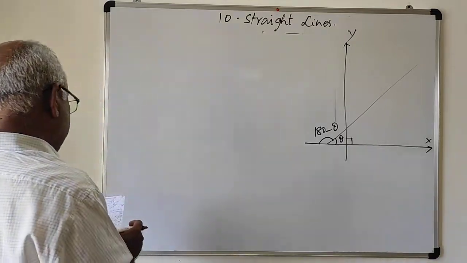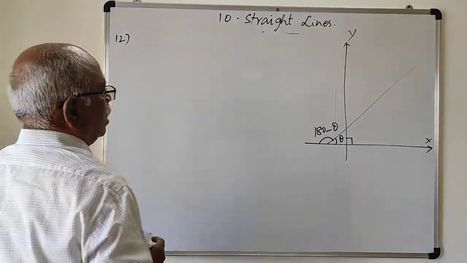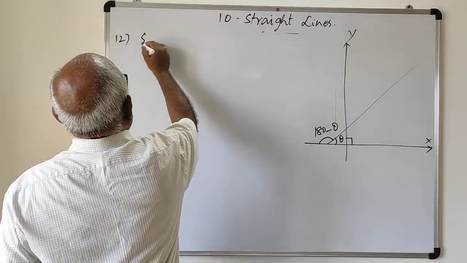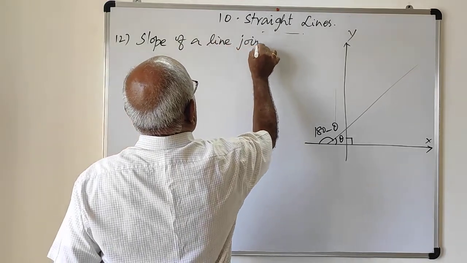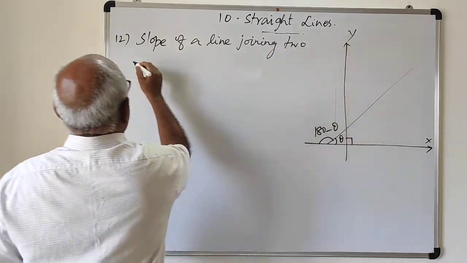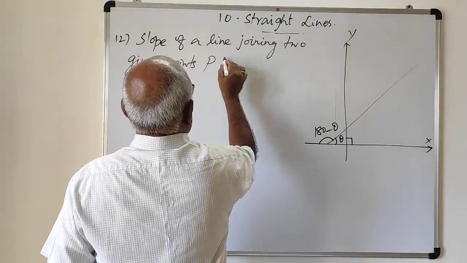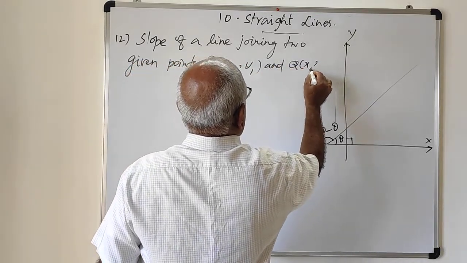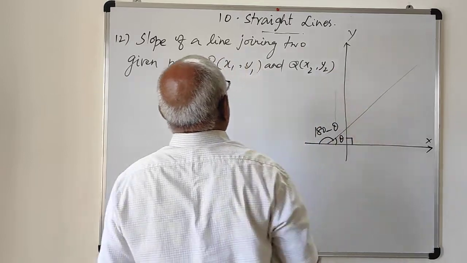Next, the 12th one: slope of the line joining two given points, say P(x1, y1) and Q(x2, y2).